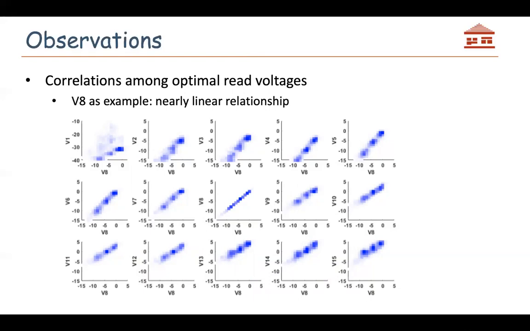And also other pairs of optimal read voltages also present a linear relationship. This relationship indicates that once the optimal value of one read voltage, for example V8 in this figure, is achieved, we can infer the optimal value of other read voltages. This property leads to the option of picking one read voltage as the sentinel voltage and relieves the need to track all the read voltages.